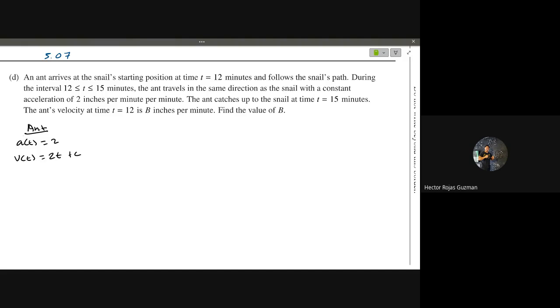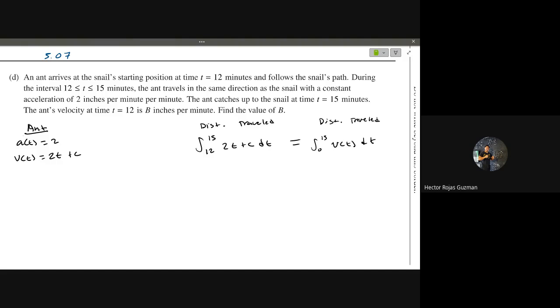I do not. But I know this is part of my velocity equation. So, the distance traveled by the ant is going to be the integral from 12 to 15 of 2t plus c dt. And that should equal the distance traveled by the snail, which is the integral from 0 to 15 of v(t) dt.